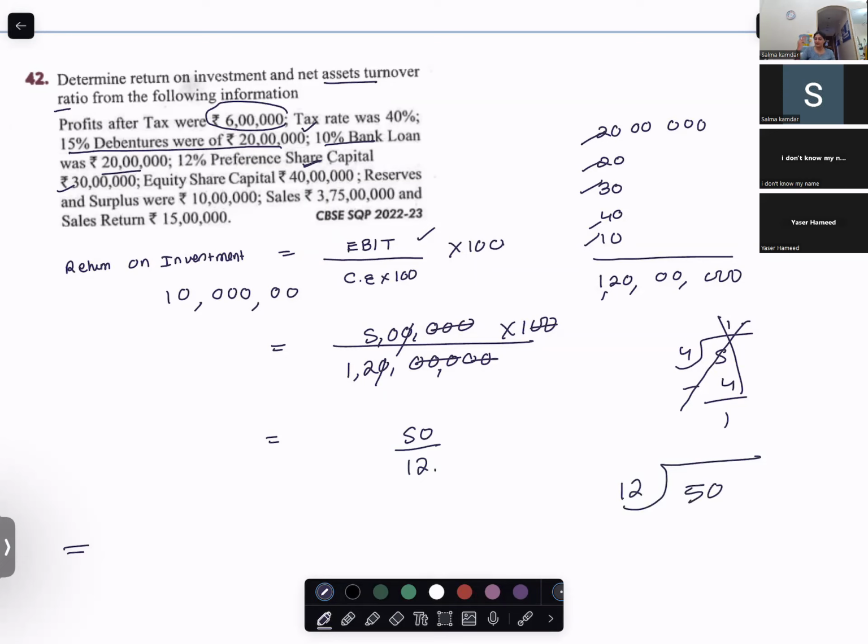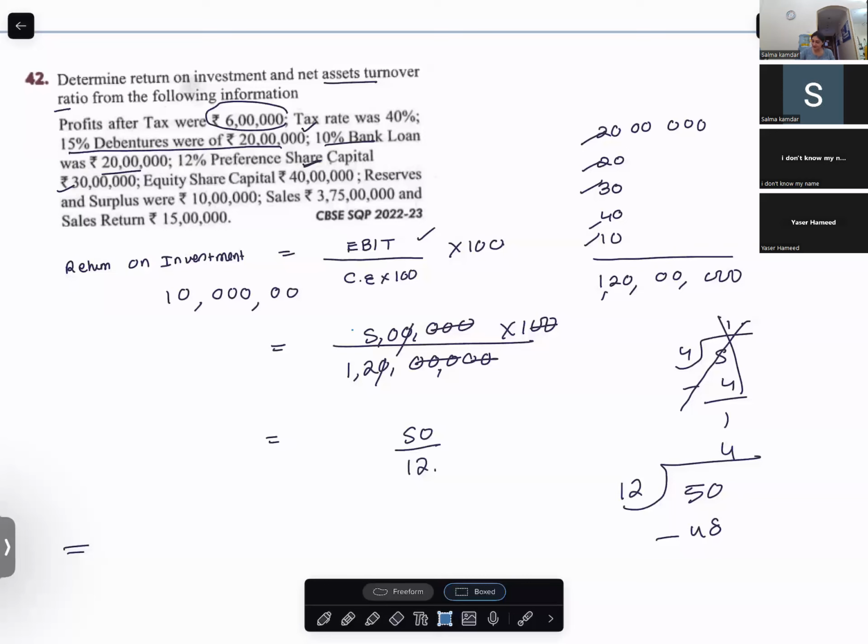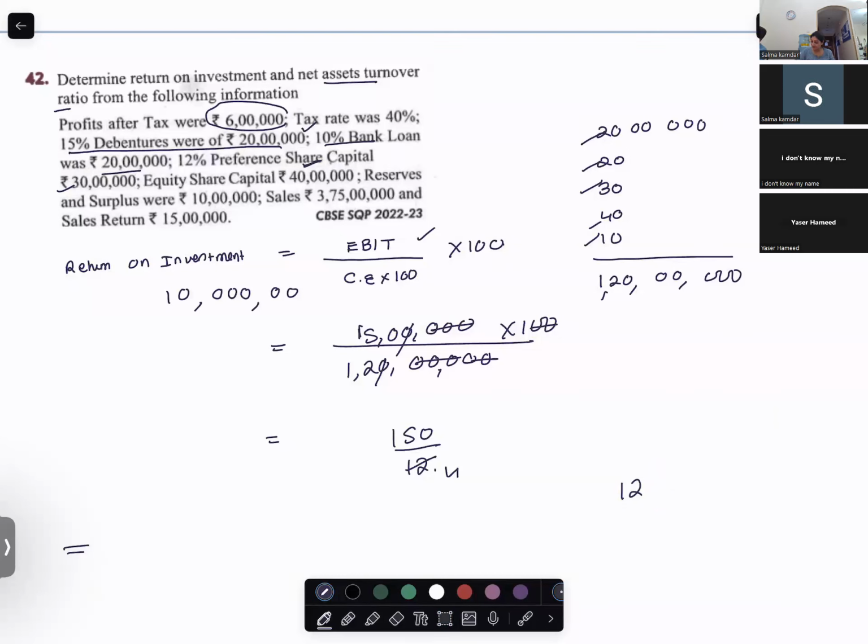12, 24, 36, 48. 12 fours are 48. Are we getting the correct answer? So this is 15 lakh divided, 150 divided by 12. 12 fours are 48.